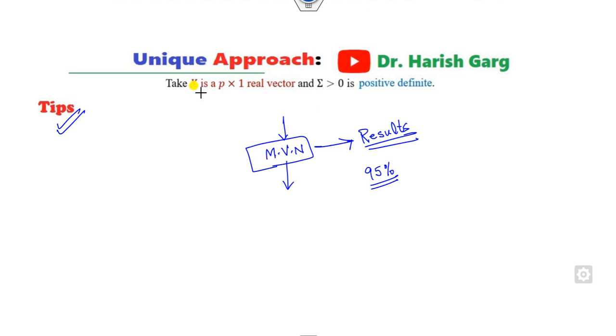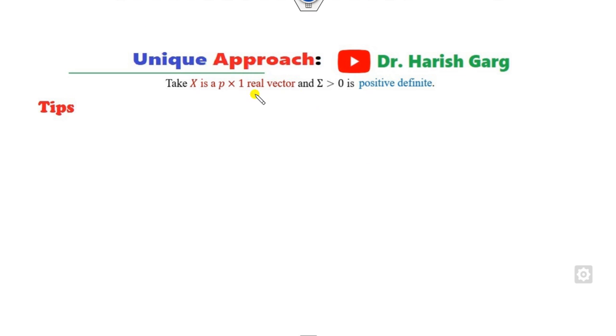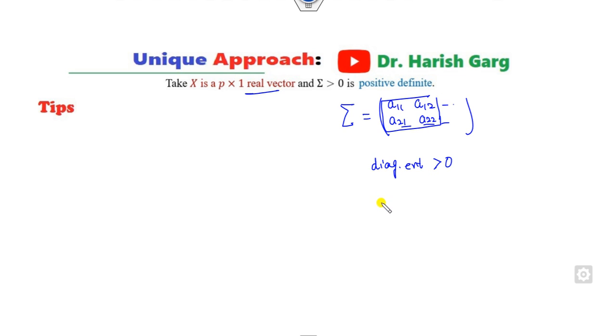Let's say x is my p cross 1 real vector and sigma is positive definite. What does it mean that sigma is positive definite? If I say this is a11, a12 and so on, first of all the diagonal entries should be greater than 0, and every minor, like if I say this is a21, a22, this minor should be greater than 0.